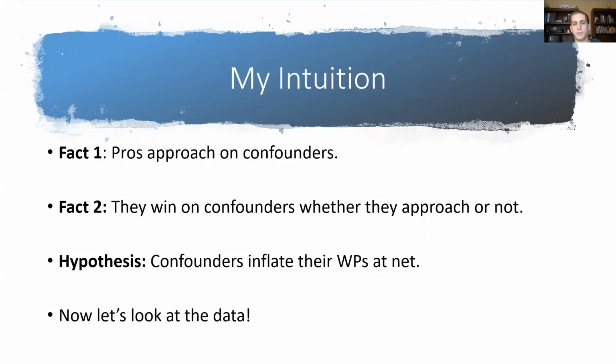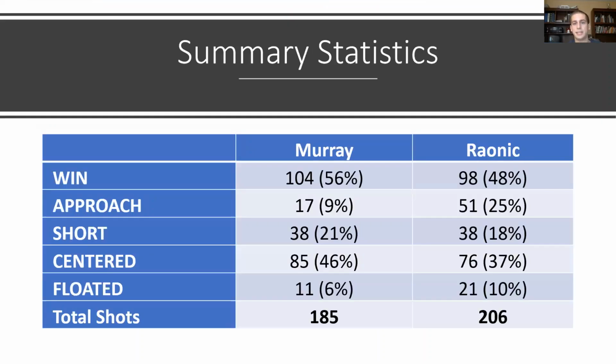I'm going to throw some numbers at you in the next slide here. These are summary statistics for when I charted this match. If you look at the left column, this is all for Andy Murray. If you look at the right column, this is all for Milos Raonic. What we see here is that Murray hit 185 rally shots.